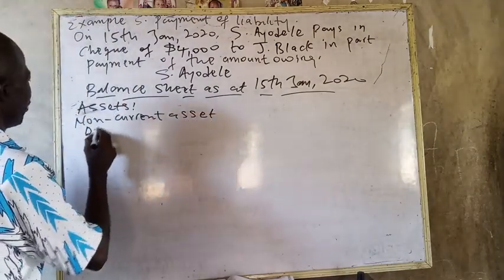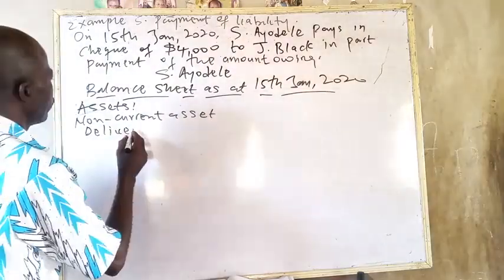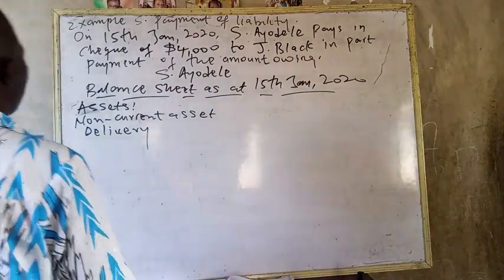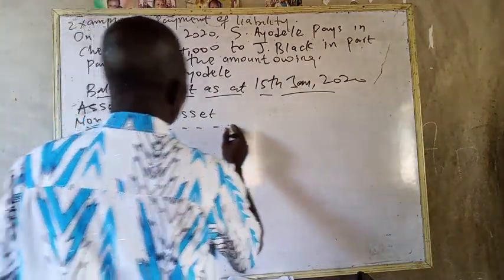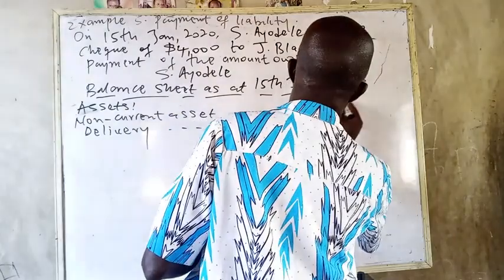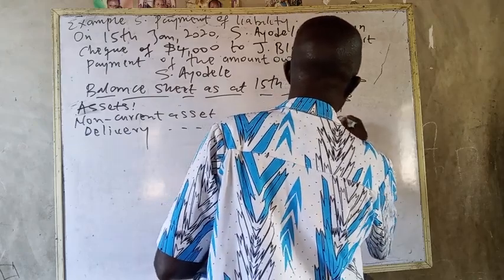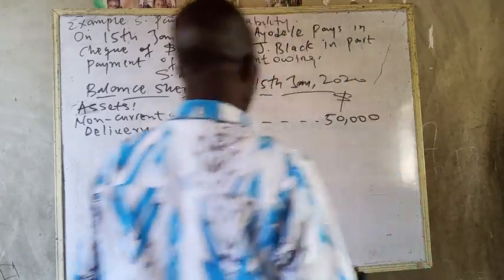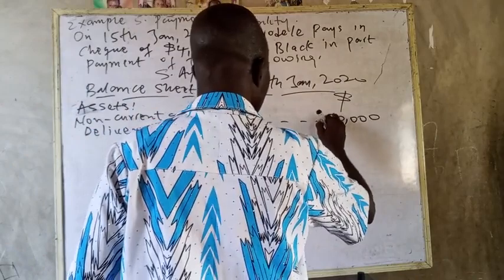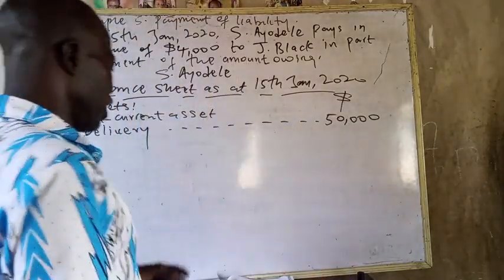You have only the delivery van for now, and the amount is $50,000. We have not disposed of it. It still remains $50,000.